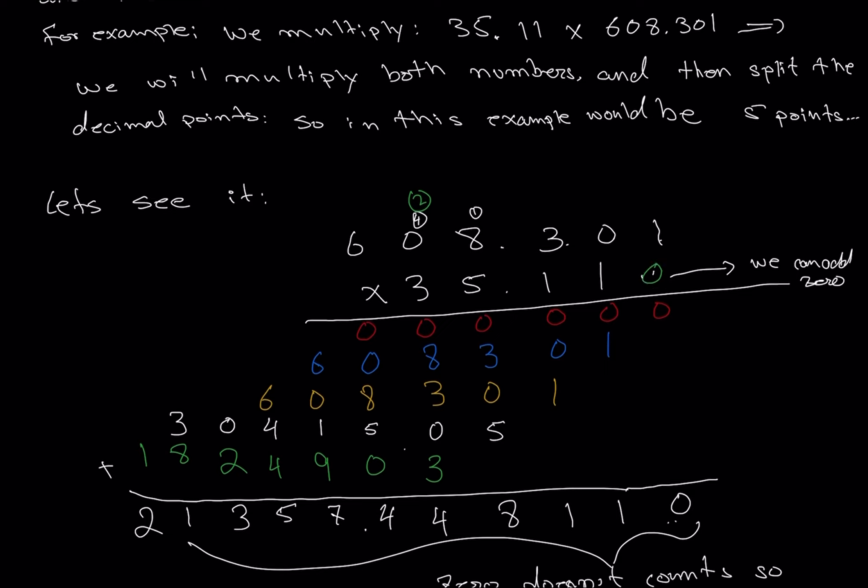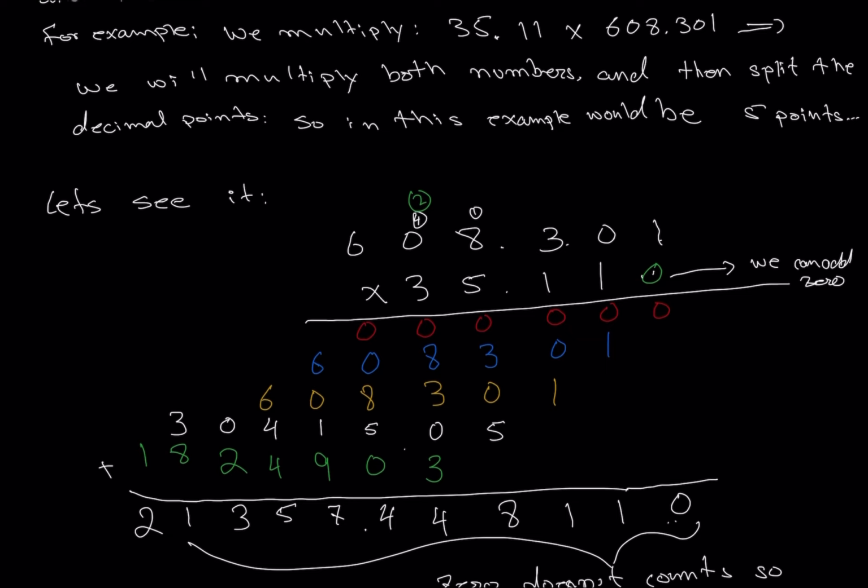It's exactly the way we did it with whole numbers. 1 multiplied by 1 is 1, 1 multiplied by 0 is 0, 1 multiplied by 3 is 3, 1 multiplied by 8 is 8, 1 multiplied by 0 is 0, 1 multiplied by 6 is 6. Now the next 1 multiplied by 1 is 1, 1 multiplied by 0 is 0, 1 multiplied by 3 is 3, 1 multiplied by 8 is 8, 1 multiplied by 0 is 0, 1 multiplied by 6 is 6.